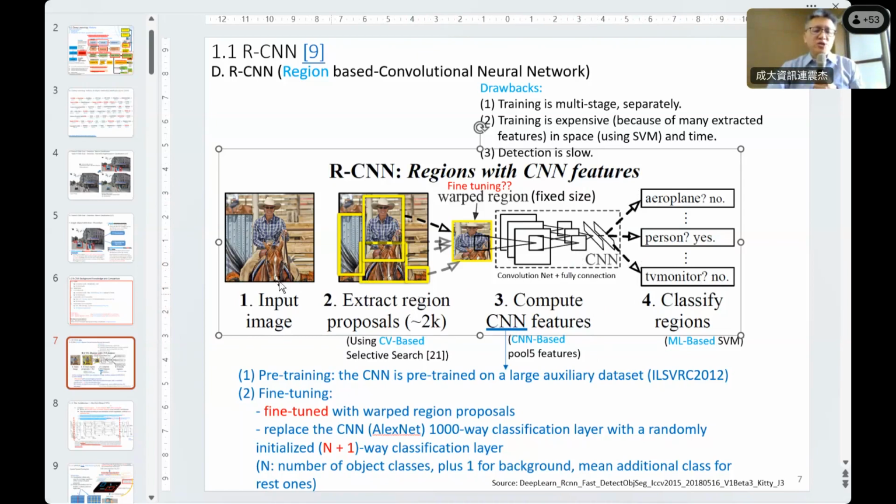That means each time you input an image, you must use a computer vision method to get a result. After you run the first algorithm and get a result, you input it to the second CNN, get a result, and then input it to the SVM. So you have three stages. Having three stages is inconvenient because it is not continuous: after stage 1 you collect the result and put it into stage 2, then stage 3. Training is also troublesome, because you must train each one independently, so you have to do the training in three parts.